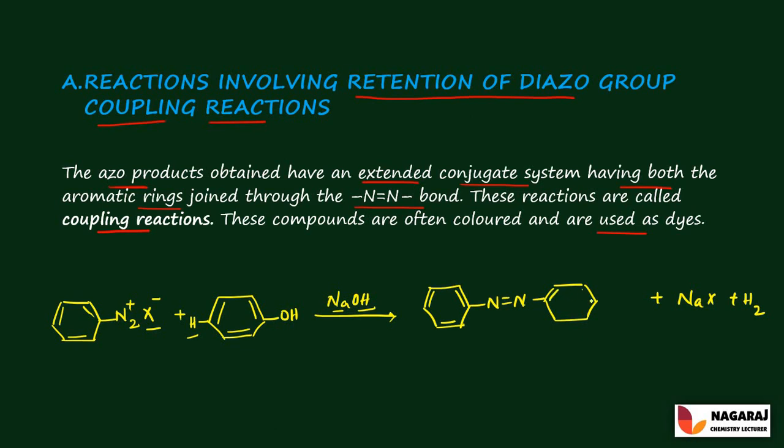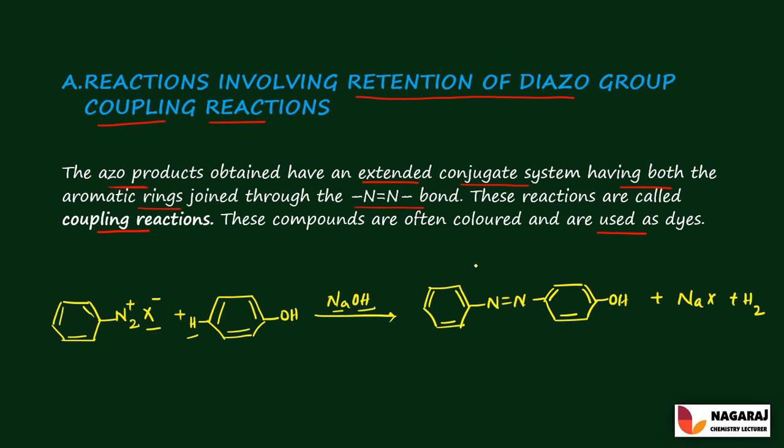So the two reactant molecules get coupled through the N=N bond. Such reactions are called coupling reactions.